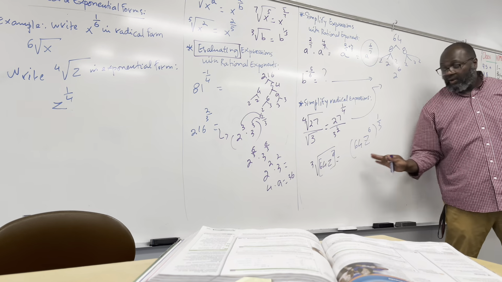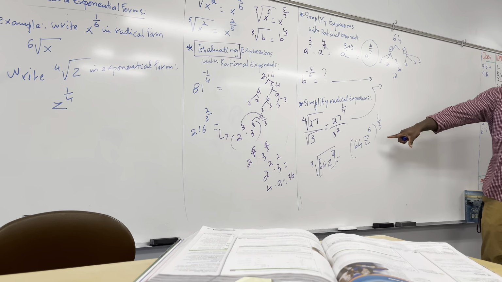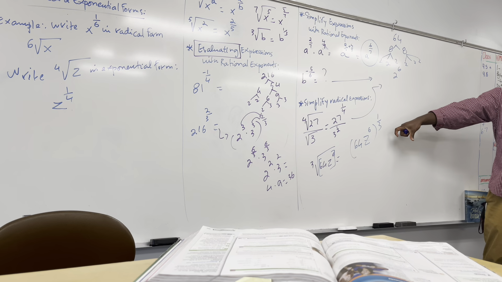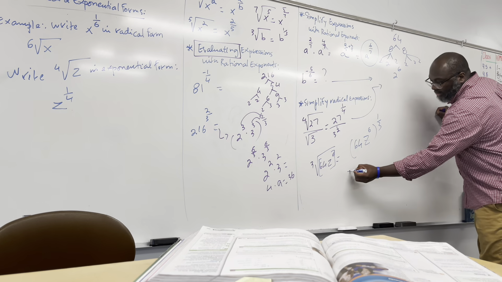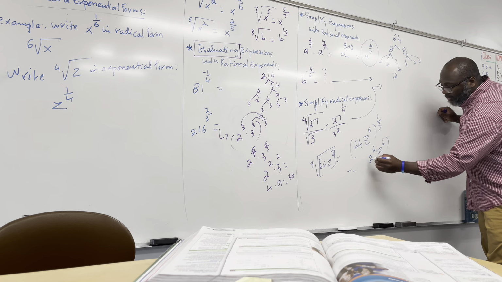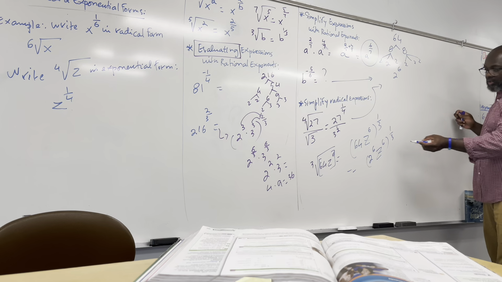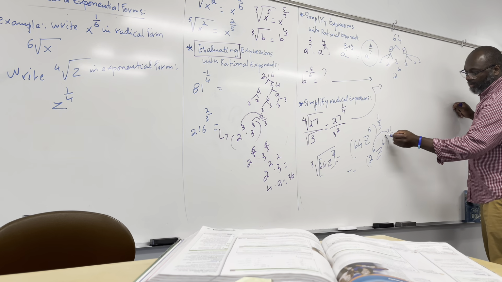Okay? I can do that if I want. Now, I know that 64 is 2 to the power of 6. Okay? So I'm going to change this into 2 to the 6, z to the 6, the whole thing to the 1/3. And then my last step will be to just multiply the exponent, right?